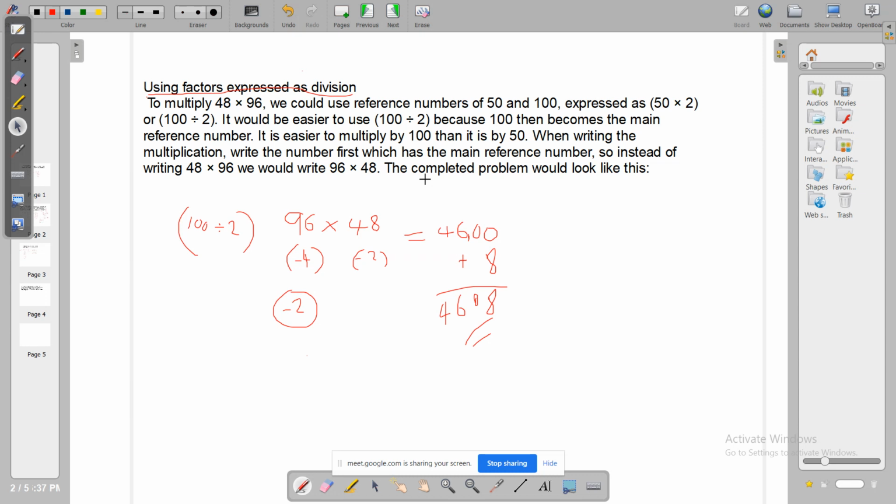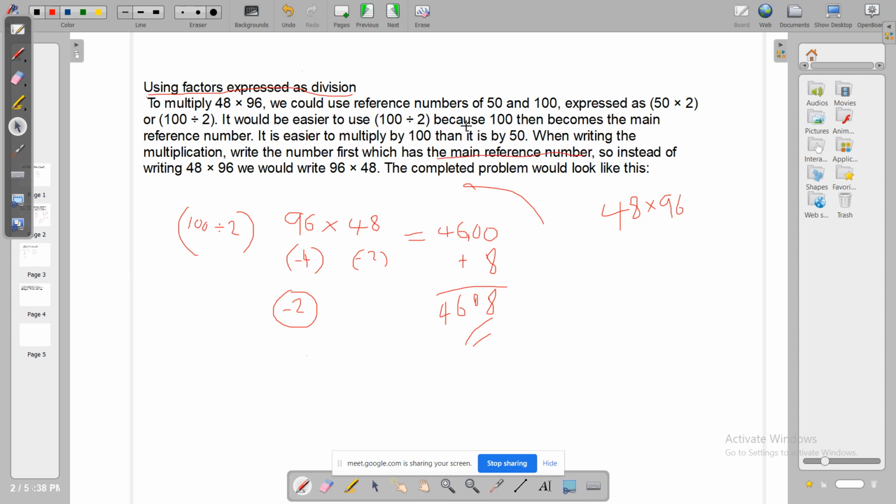Okay. So now the main question that was given to us was 48 times 96. Are you watching the board? Yes, sir. Okay. And then we say something here that when writing multiplication, write the number first which has the main reference number.